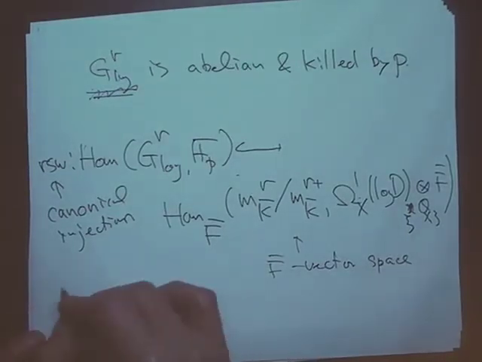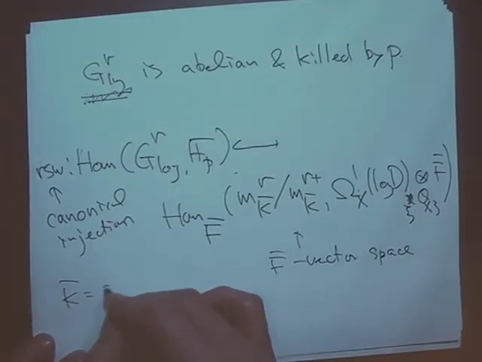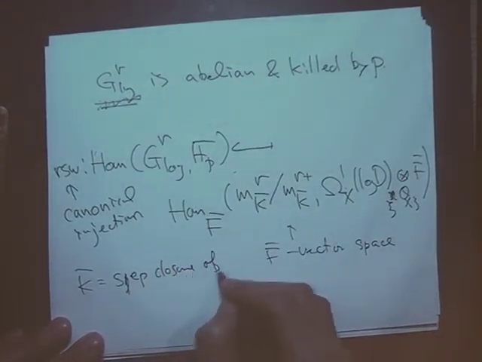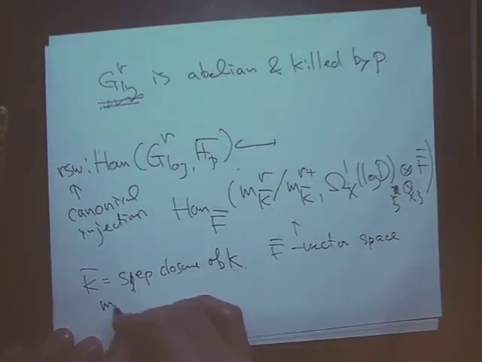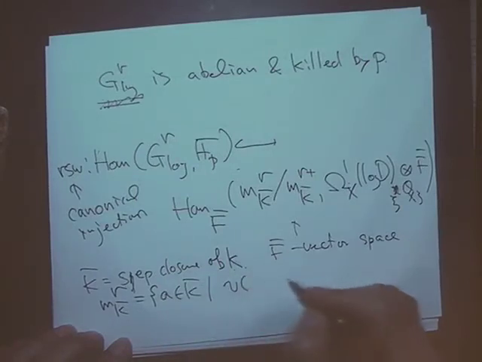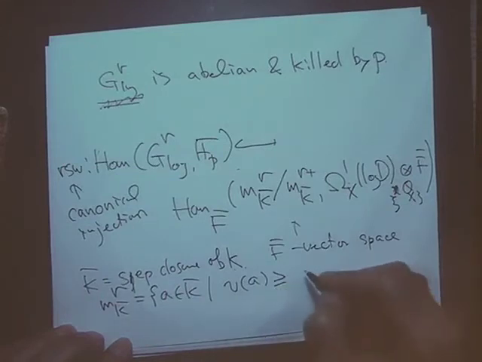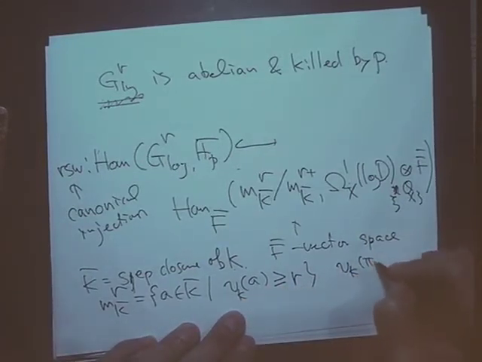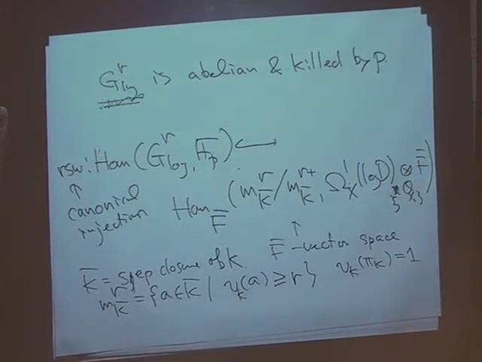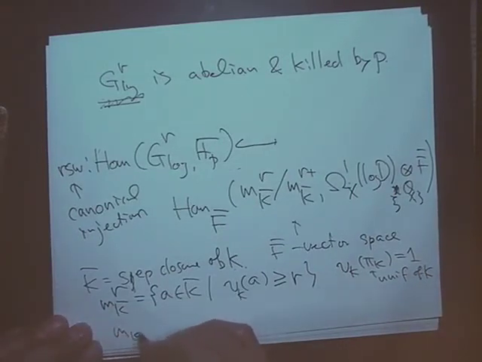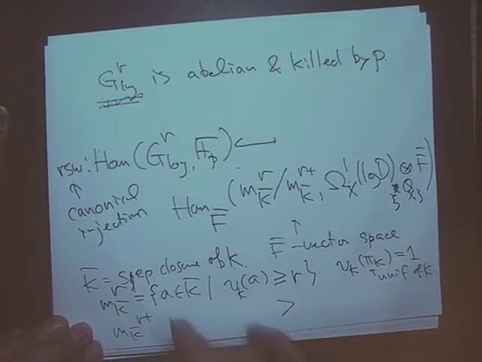Here, K bar is the separable closure of K, our local field, and m_K bar^r consists of elements in K bar such that the normalized valuation is at least r. The valuation v_K is normalized by the condition that the uniformizer of K has valuation 1. And m_K bar^r+ is where we replace this inequality by a strict inequality.